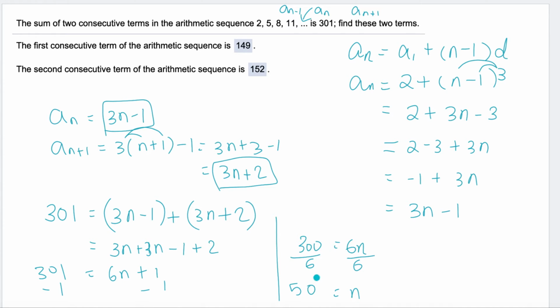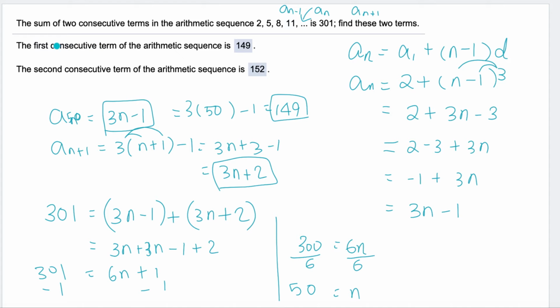So my first number is the 50th term, and the value there on the 50th should be 3 times 50 minus 1, because my n is 50. 3 times 50 minus 1 is 150 minus 1, 149.